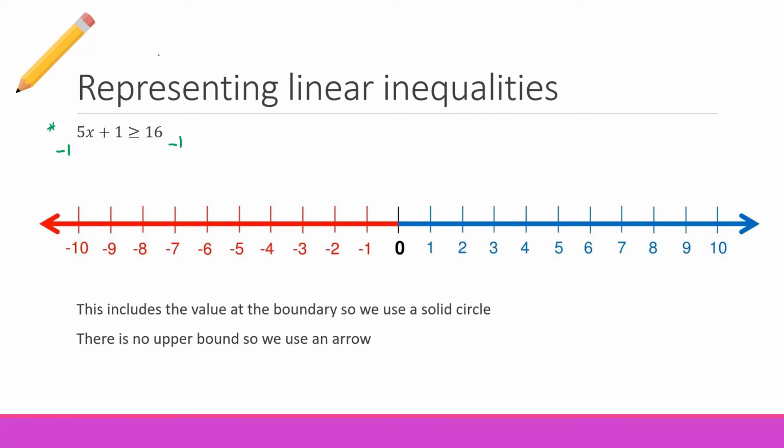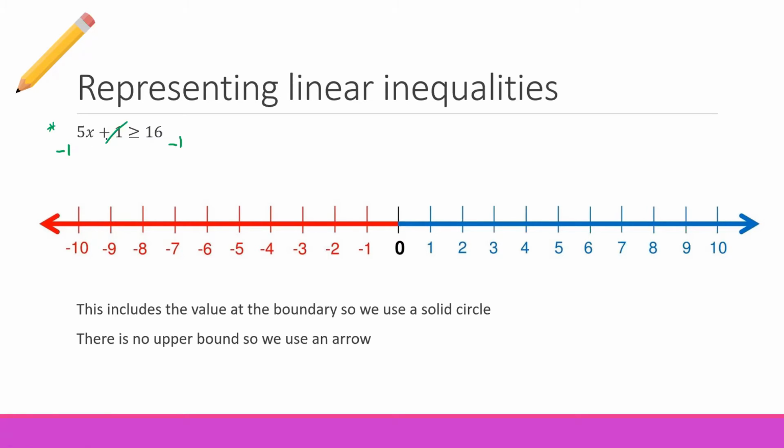And if I subtract 1 from each side, that's going to cancel this. Now I can subtract 1 from each side because that's just going to make this 16 smaller. This plus 1 just means it's always going to be at least 16, so if I subtract 1, I'm just going to remove 1 from this 16. So this is 5x plus 1 is greater than or equal to 16.